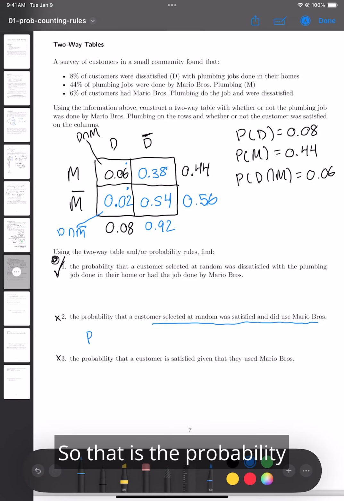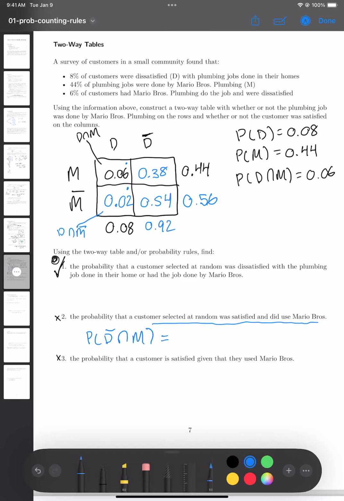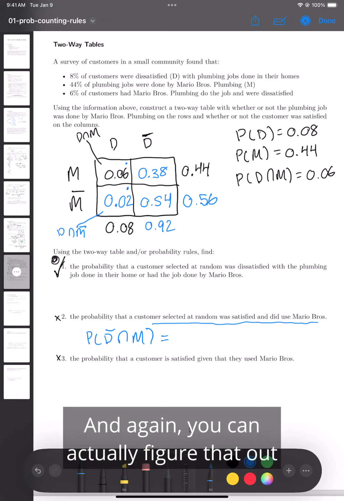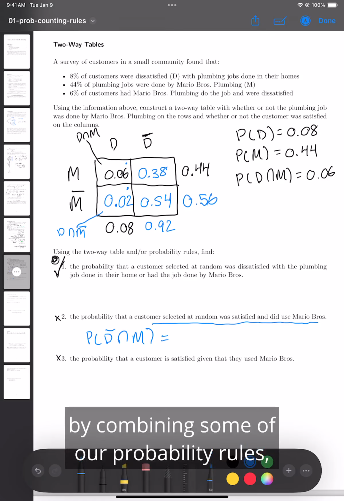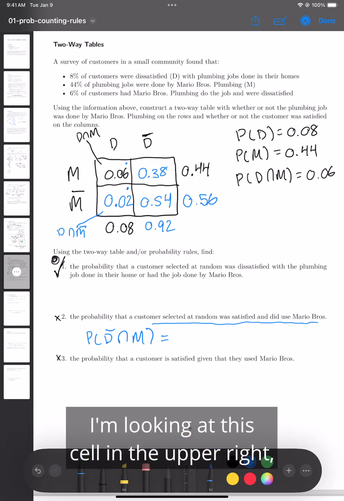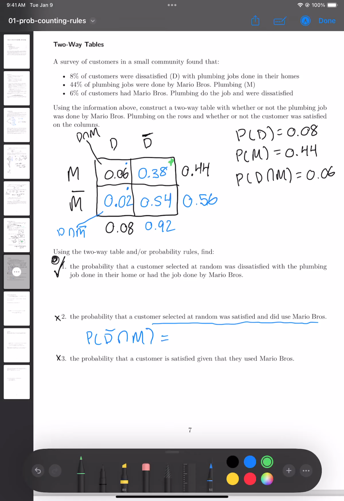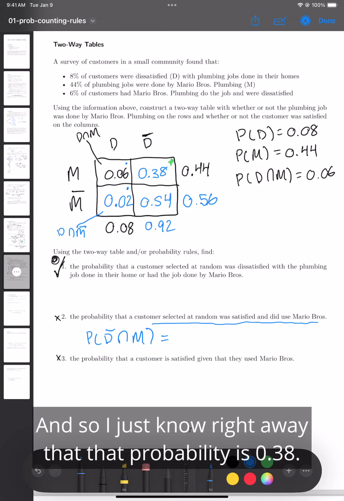So that is the probability of D bar intersect M. And again, you can figure that out by combining some of our probability rules, but it's now much more straightforward to see that, okay, I'm looking at this cell in the upper right, that is D bar intersect M, and so I just know right away that probability is 0.38.